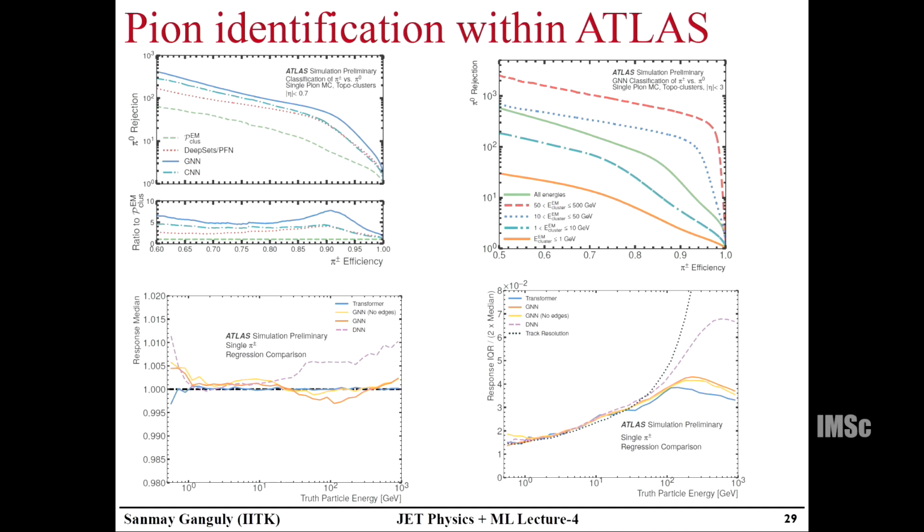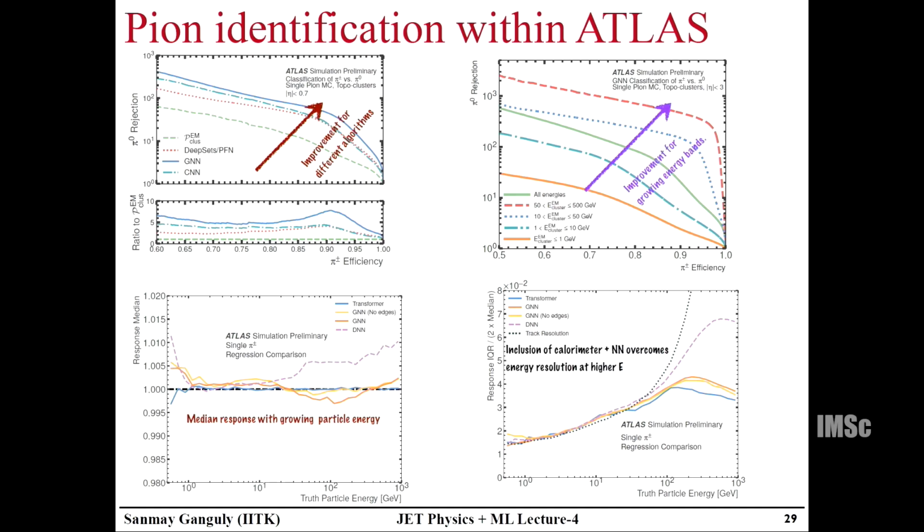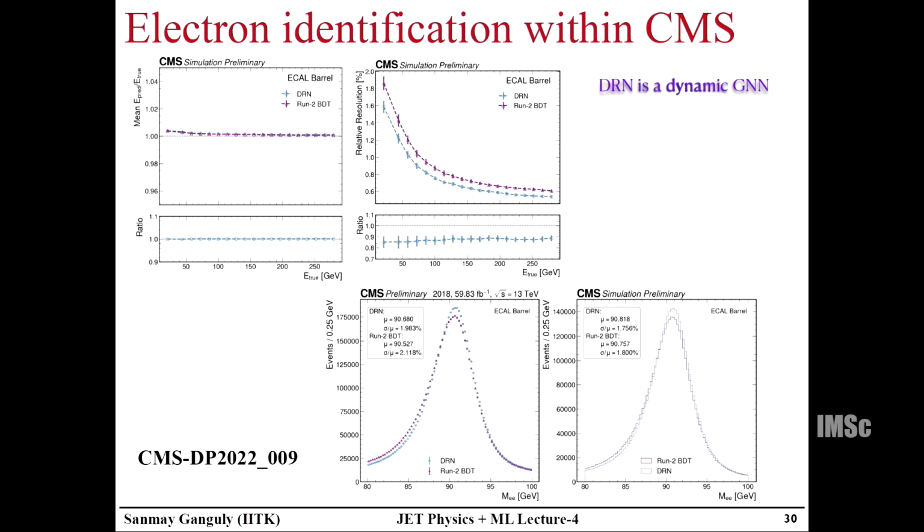So here are the ROC curves showing how it performs when we apply some GNN, and when we apply a transformer, which is a particular version of a GNN, for reconstruction of hadrons. So these are the sort of improved directions.